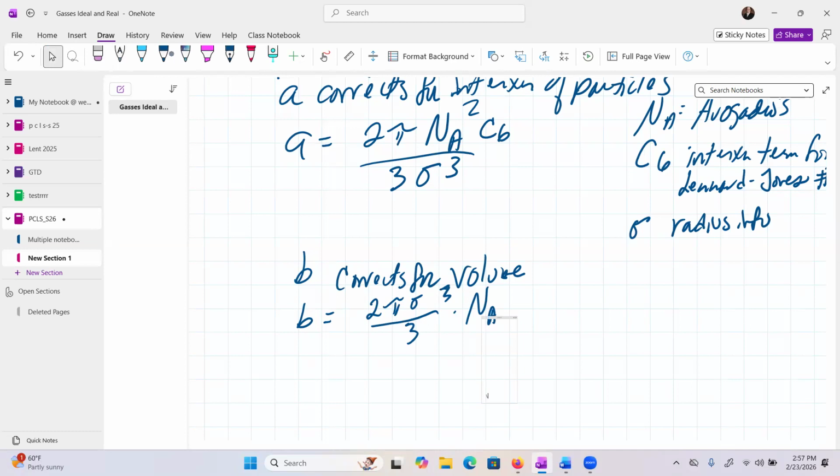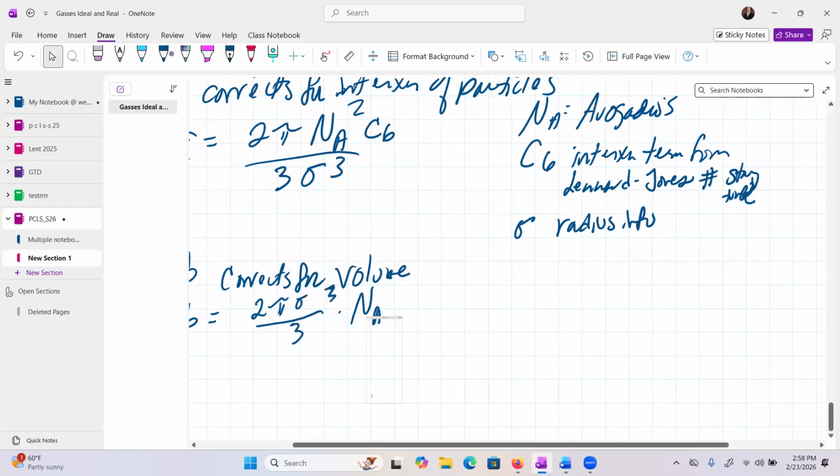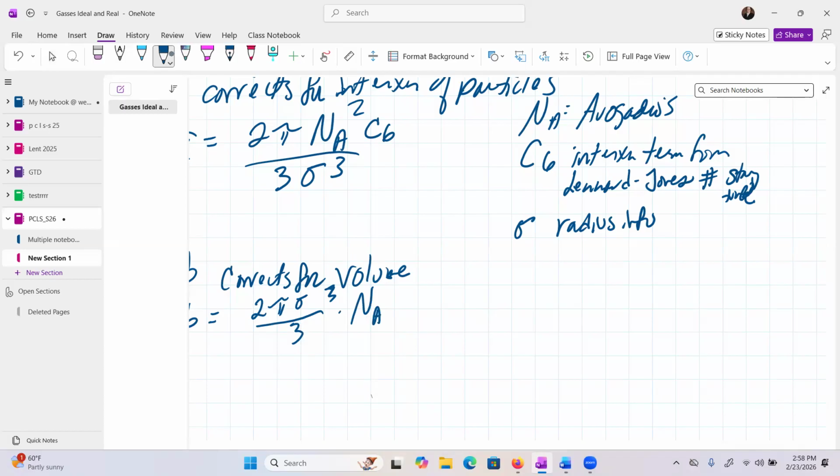Yeah, so recall, if you are thinking about the math here, I will just put what is the volume of a sphere? 4/3 pi r cubed times N_A. Just as a little note on the side. This is the spherical volume.